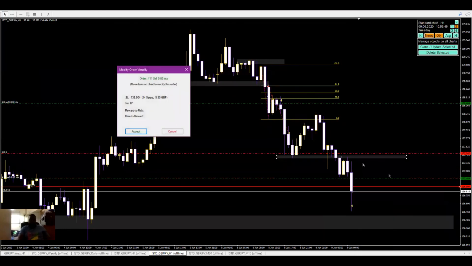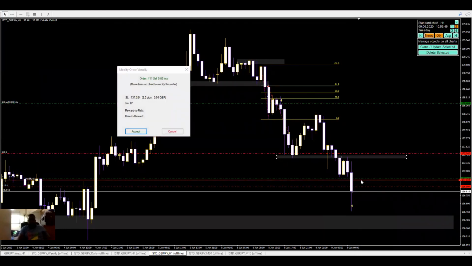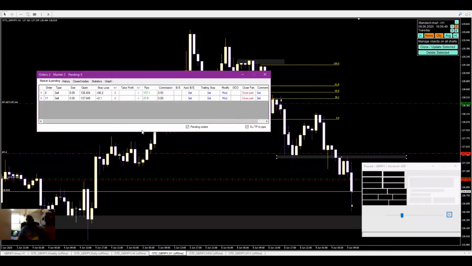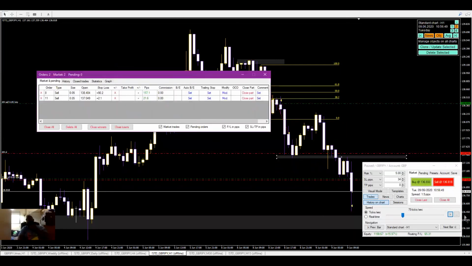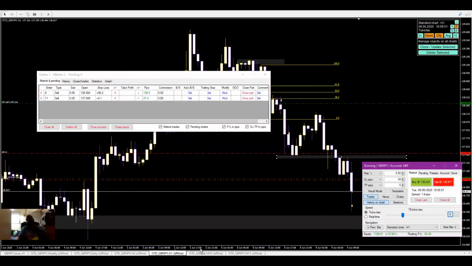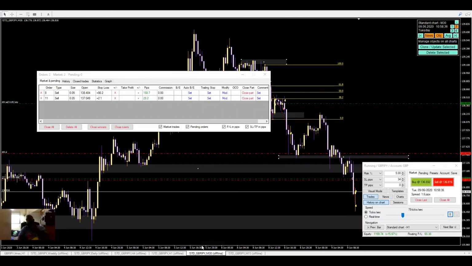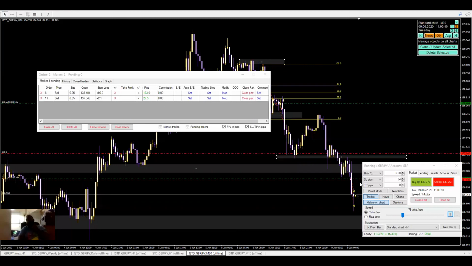Makes sense. Just to give price a little bit of wiggle room to come up a little bit and then come back down a lot. There's a chance that even up here we could get stopped out, but we'll see. And the candle closed bearish anyway, so that's a good sign.